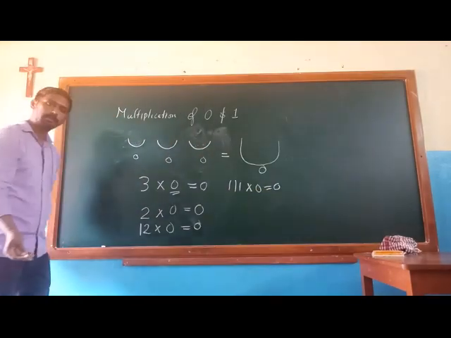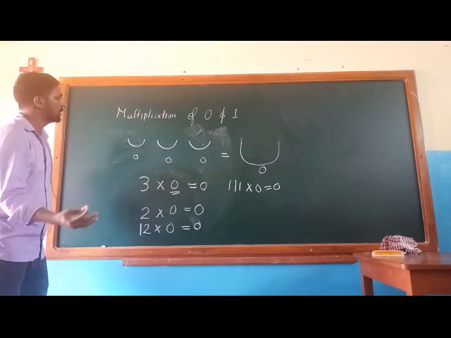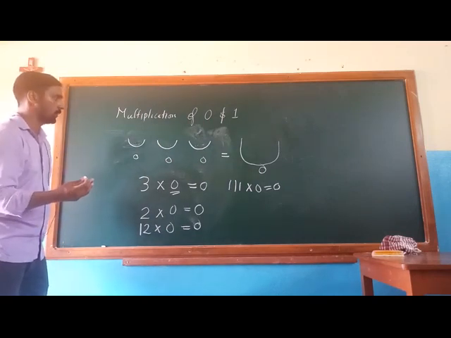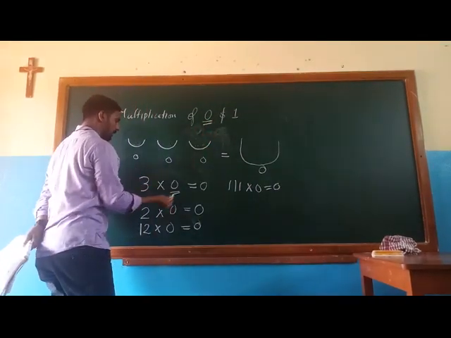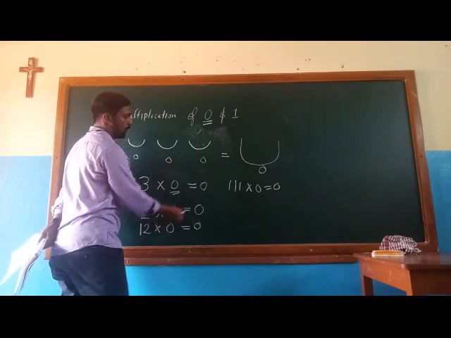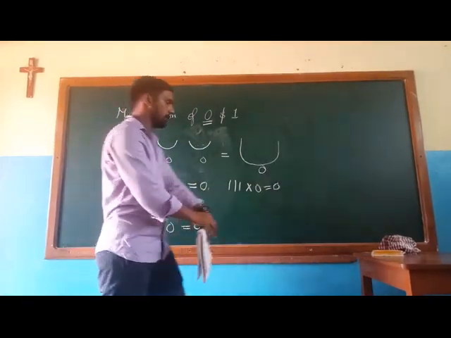That is the main property of 0. If you multiply any number with 0, your answer will always be 0. I hope that is clear for you.